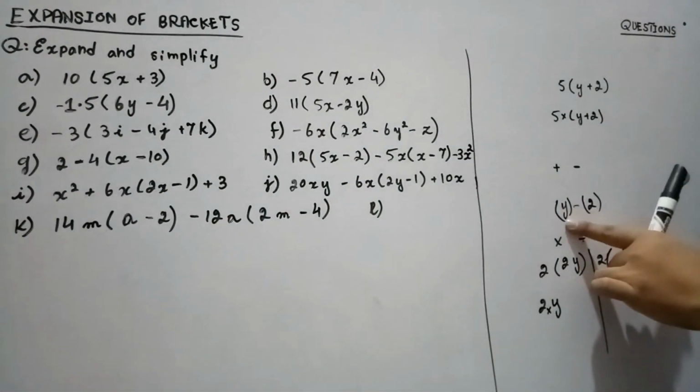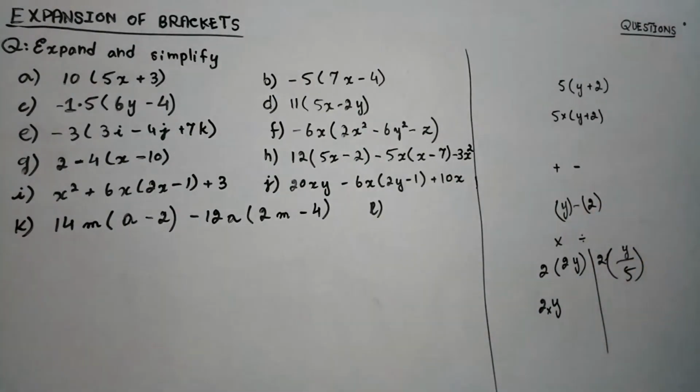Here we can say that it is our first term and it is our second term if a plus or minus sign is present between the terms. Then we can say these are distinct terms. But if we have multiplication or division between the 2 terms, we will consider them as a single term, just like this one.